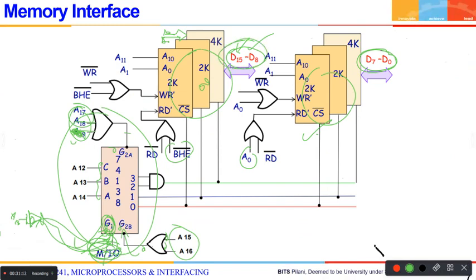Can somebody tell me why I can't connect D0 to D15 here? I want an intelligent answer from somebody. No, I want somebody else. Why can't I connect D0 to D15 here? Dharma, tell me. My favorite student. Address lines? Address lines are already given.